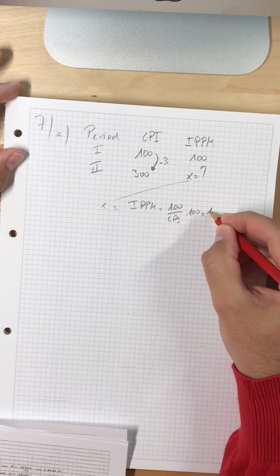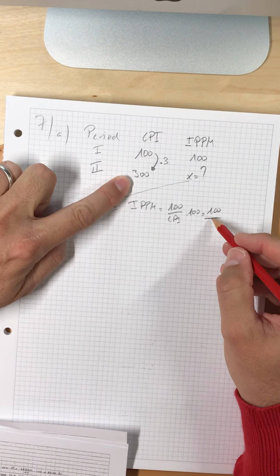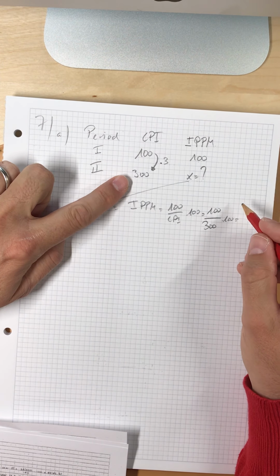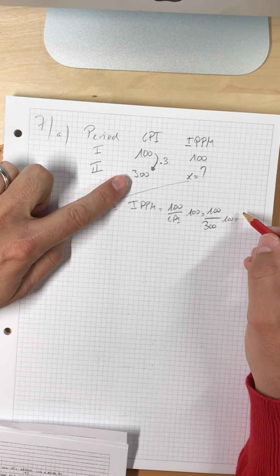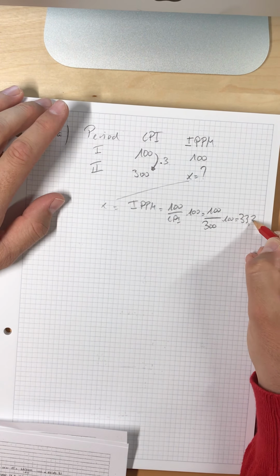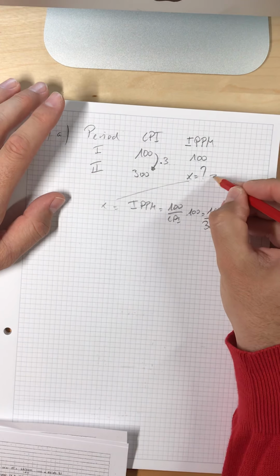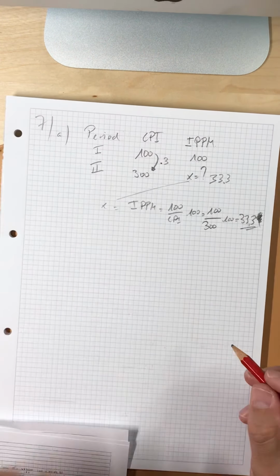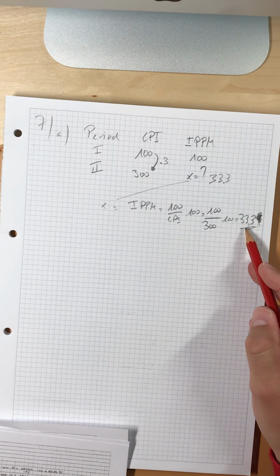So 100 over CPI, which is 300, times 100, and you will get 33.3. Sorry, it's not a percent. It's a value, and it's an index, so not a percentage. So 33.3.